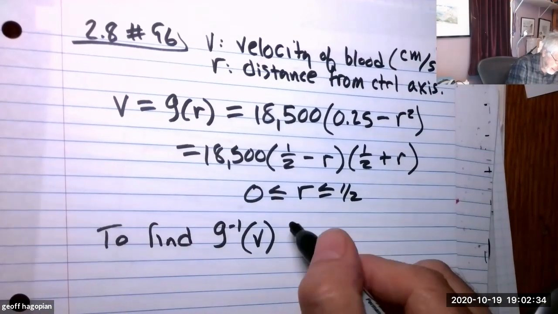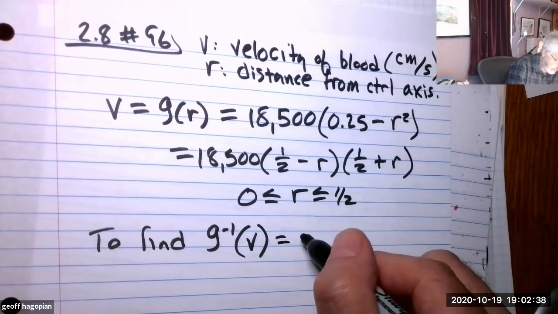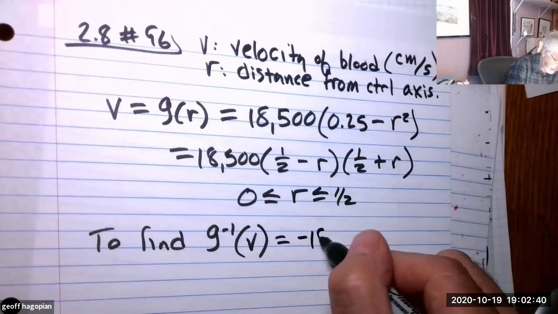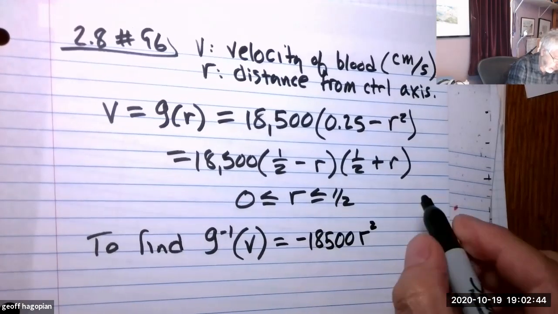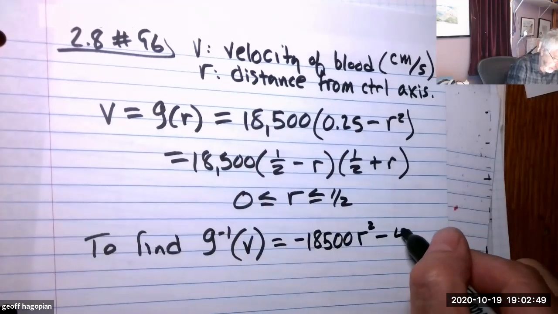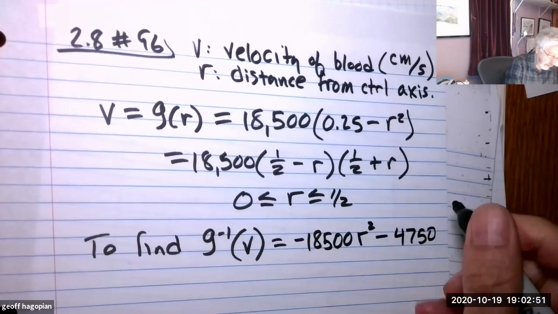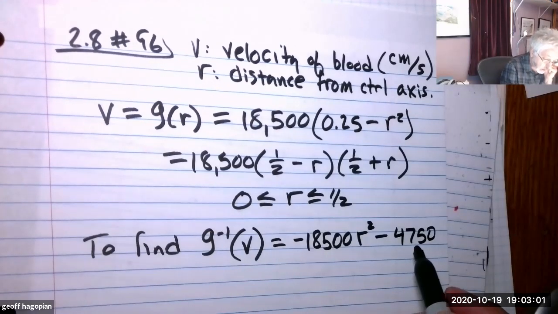And I'm going to write it as negative 18,500 r squared minus, what do we say, 4,750. Is that 1/4? So if I multiply that by 4, I'm going to get 18,500.